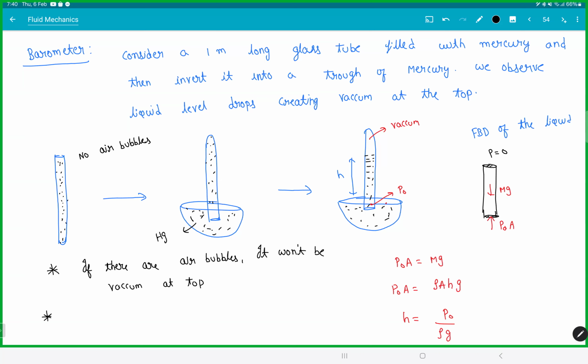If you make a hole here, what happens to the height of the liquid? The barometer is there, it is in equilibrium. Now you made a hole at the top, and if you have made a hole at B, what will happen to the liquid? What will happen exactly with the whole thing?